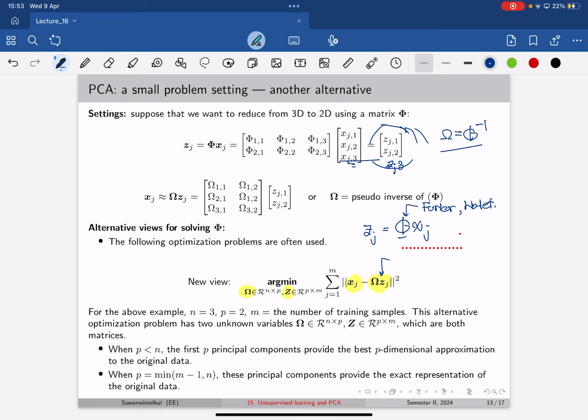Once you have this projection, all you need to do is find the omega matrix. But if you also optimize for the Z vector, that means inherently you also optimize for this phi matrix as well, because this term can be decomposed as this.